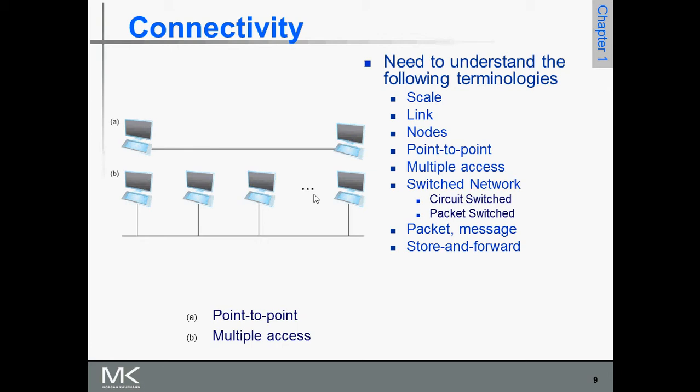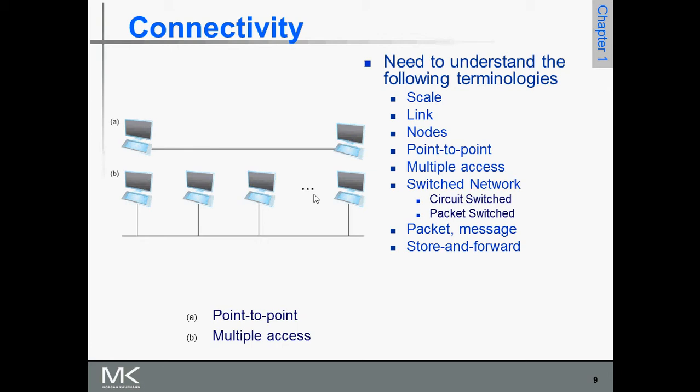So that is the primary purpose of scalable connectivity. Now I am going to explain some of the common terminologies that are used in computer networks. As you know, the scale is nothing but dynamic addition of computer nodes into the network.